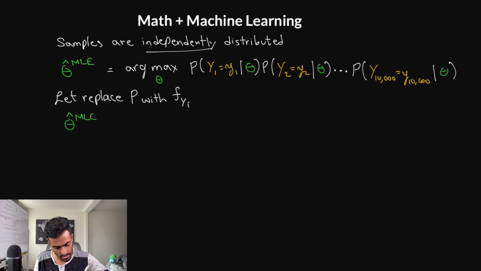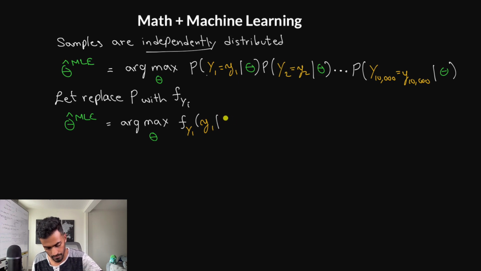Theta hat MLE is going to be equal to the argmax over theta, where we take the first term as F. Now the subscript is going to be y1, since that's the random variable over which this probability density function applies. And it's going to be a function of the value that it can take, which is the small y1. And this is going to be given theta, as usual.